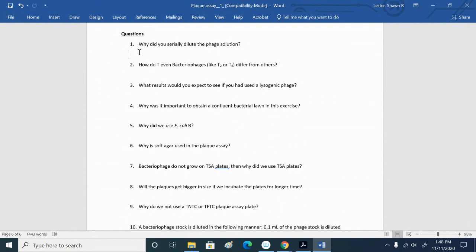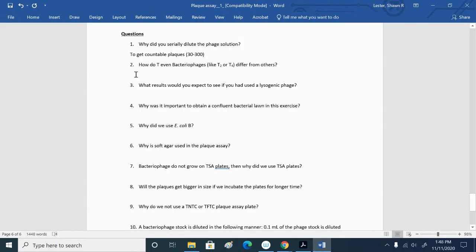How many bacteriophages infect E. coli? Okay, so we needed to dilute to get countable plaques, between 30 and 300. So just like when we diluted our bacteria, we needed to get countable colonies. So here we need countable plaques. So we have to dilute our phage so that we can get that.